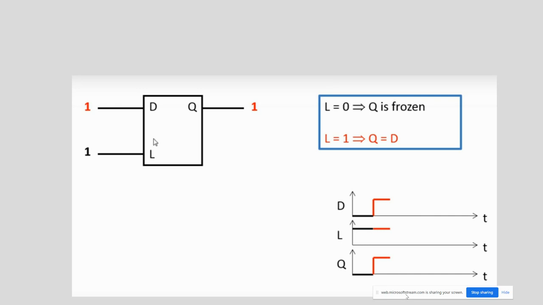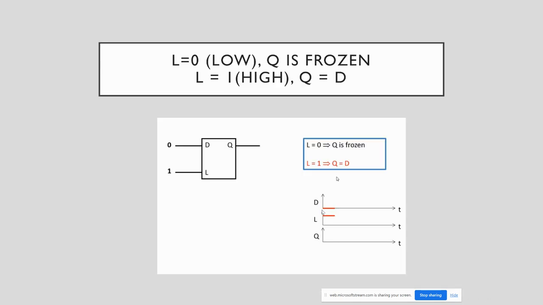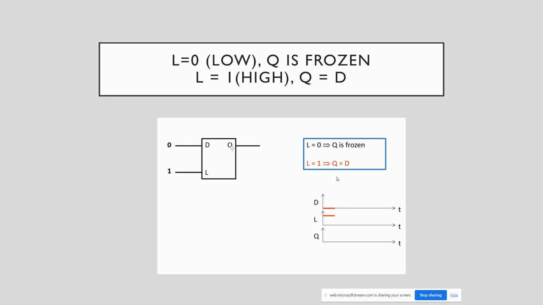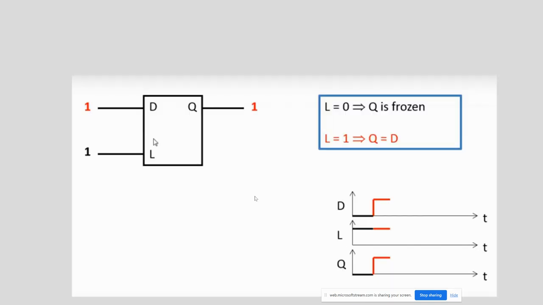And if we look at the clock diagram here, as you can see, because the previous example we started from where D is 0, so that's 0, and L is 1, that's high. That's why we say high and low, because in terms of the diagram. So if you look at the previous example, when we have L is 1, then Q equals D. In this situation, we can start with 0, which is low.